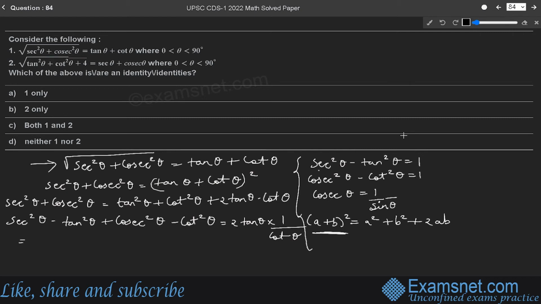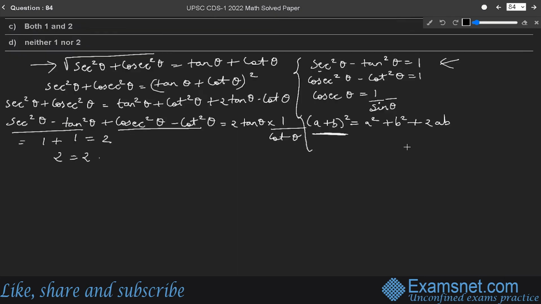See, we know that sec square theta minus tan square theta is 1 and cosec square theta minus cot square theta is also 1. And we know that 1 by cot theta is also tan theta. So the remaining terms will be 1 plus 1, which will be 2. So yes, 2 is equal to 2, meaning statement 1 is absolutely correct.